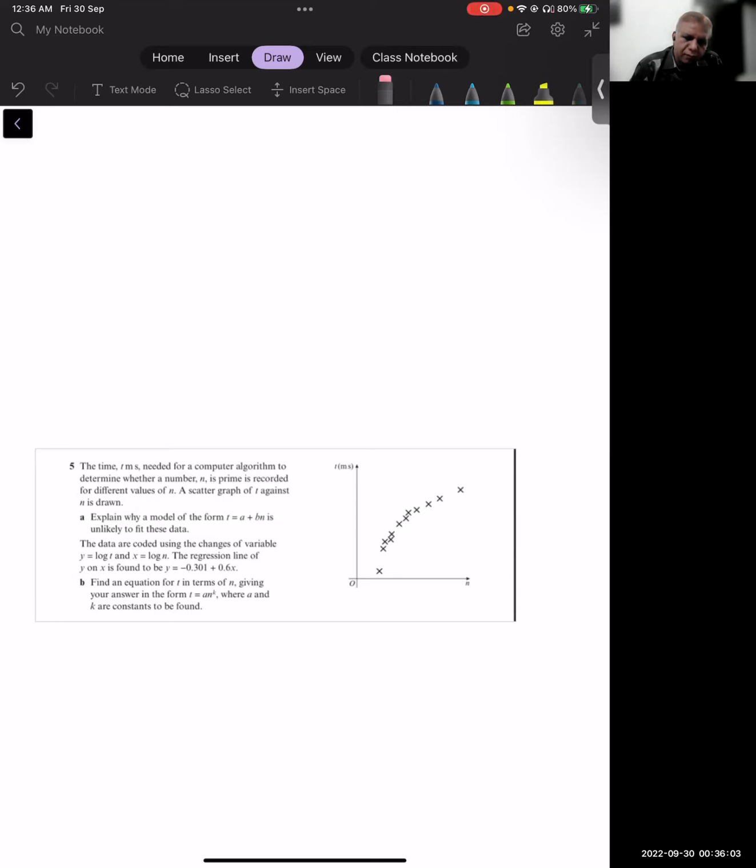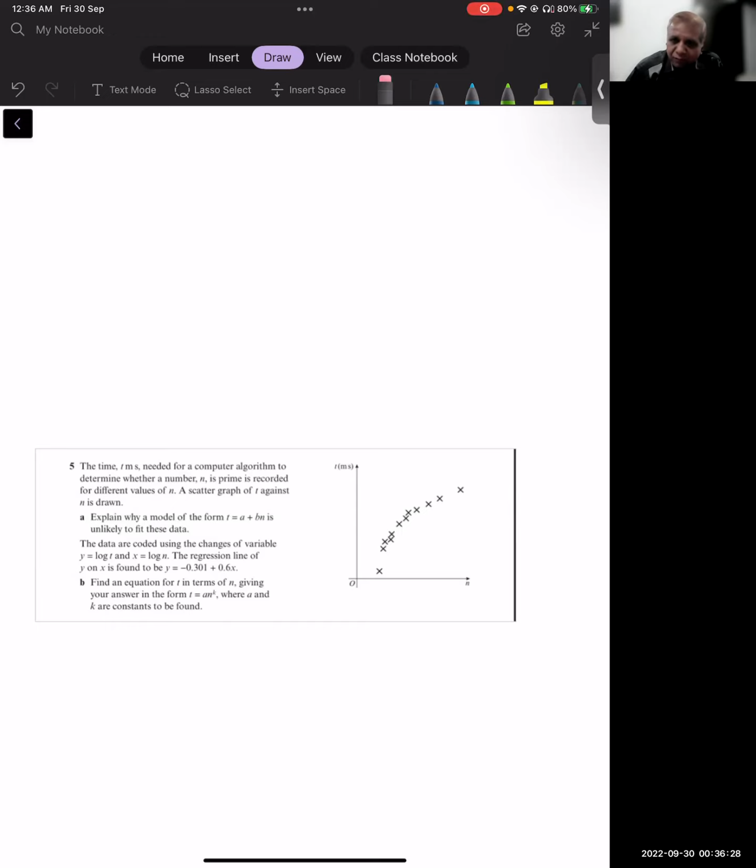Because it is not a positive correlation. There isn't a straight line either. The graph is curved, not a straight line. This method, T equals A plus Bn, is applied only when there is a straight line.